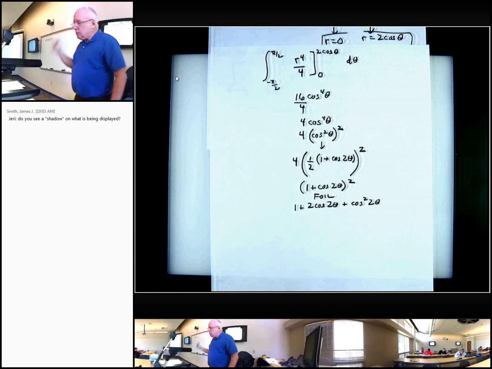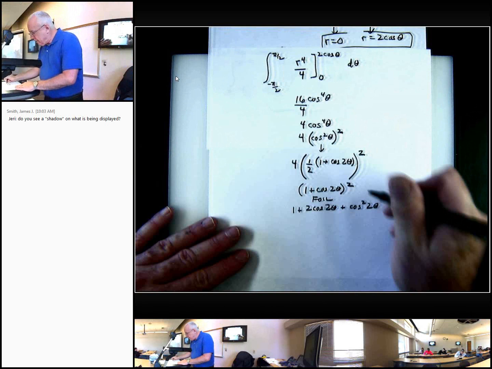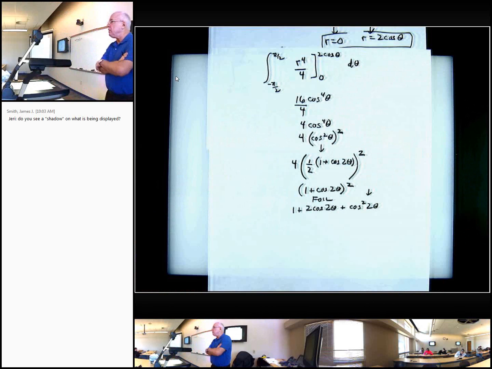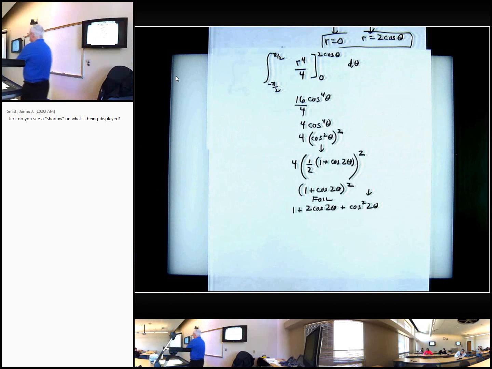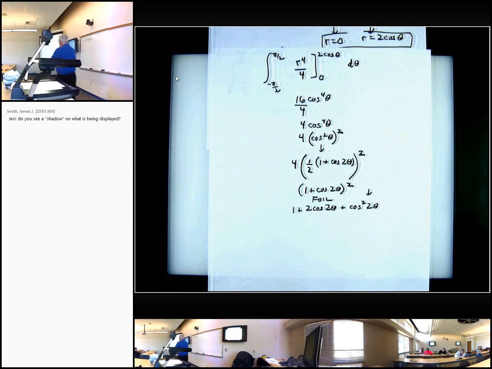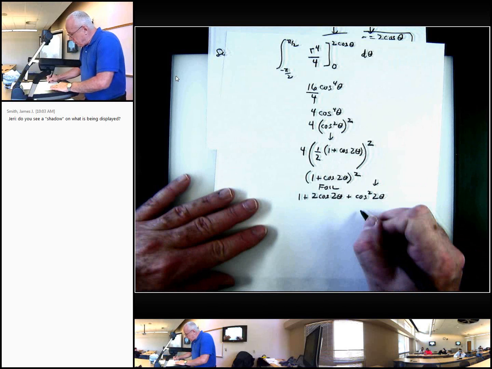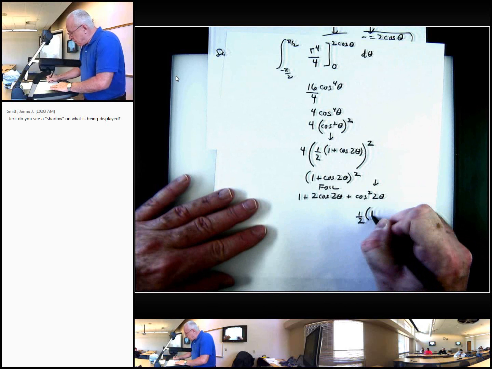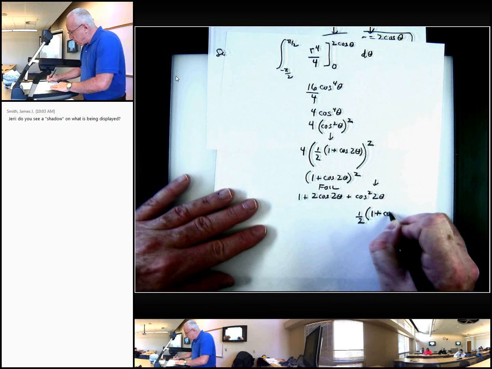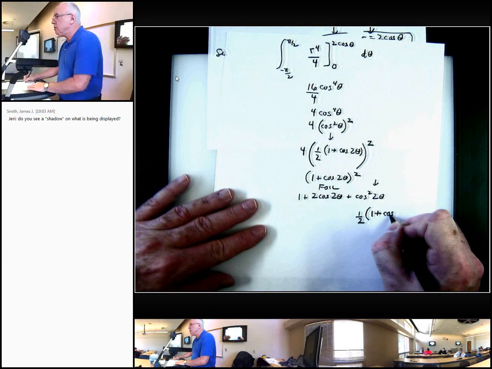So notice we again have another cosine squared formula. This time it's similar to the one we had before where we had the cosine squared of 2 theta. So I can replace cosine squared of 2 theta with 1/2 times 1 plus cosine of how many thetas? 4 theta.